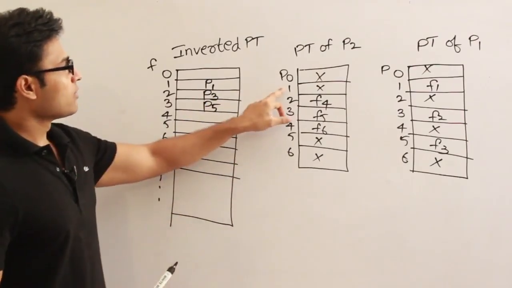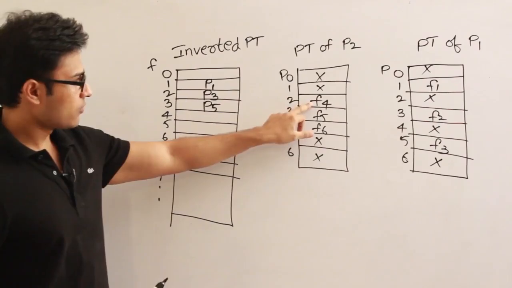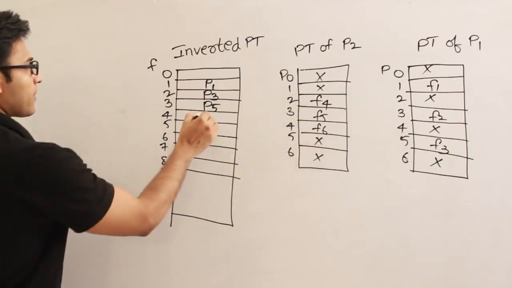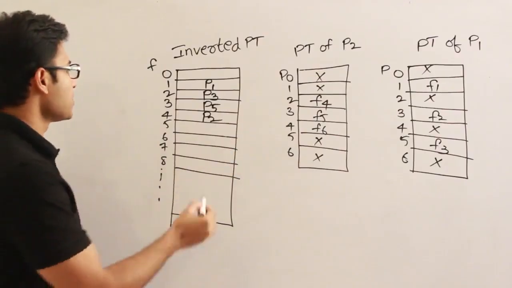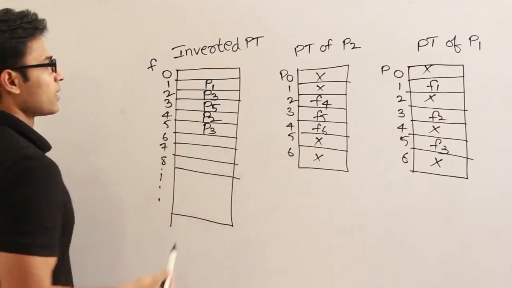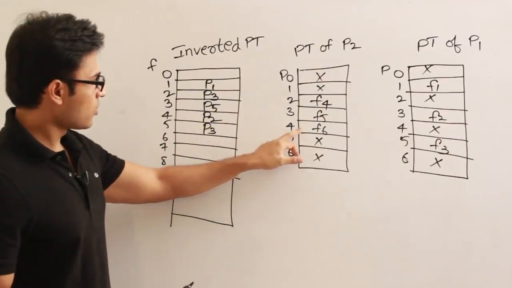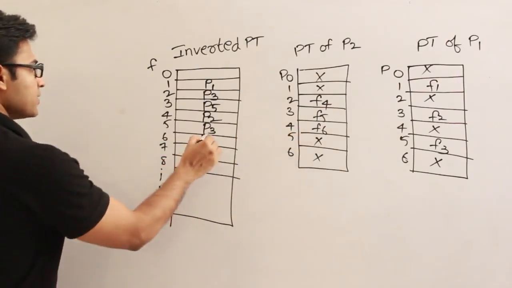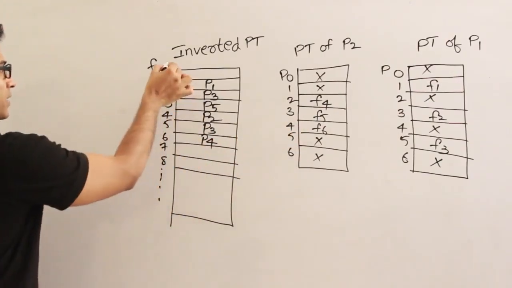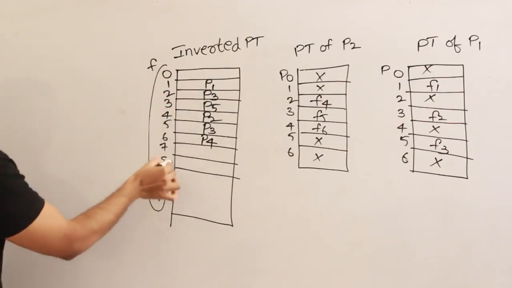And here if you watch it, frame number 4 contains page number 2. And similarly frame number 5 contains page number 3. And frame number 6 contains page number 4, right? Like this. So they are maintaining the frame numbers as indices.